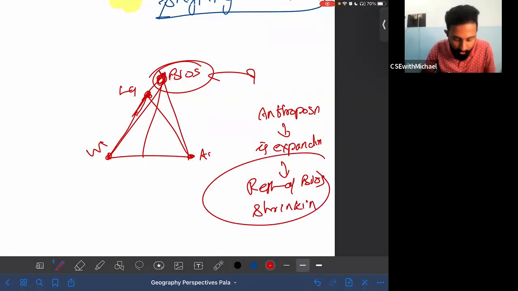It is the shrinking of the biosphere and the expanding of the anthroposphere that is causing several new dynamics in the man-nature relationship, which is what the concern of environmental geography is all about. Okay, so to study that, we have to cover a few of the basic information about environmental geography that has to do with the basic principles of environment and ecology.